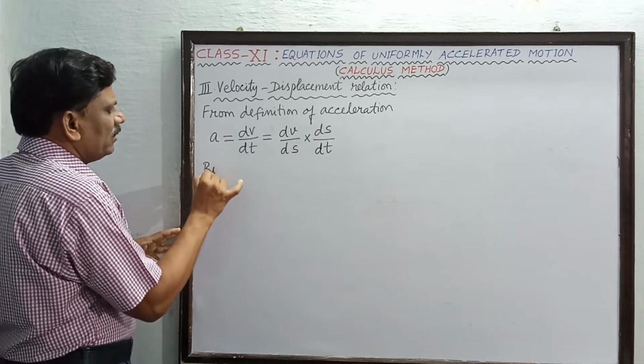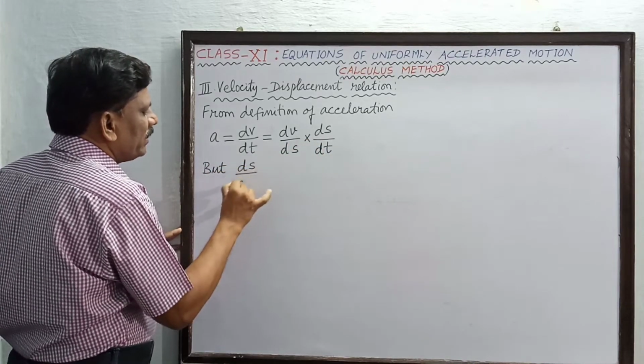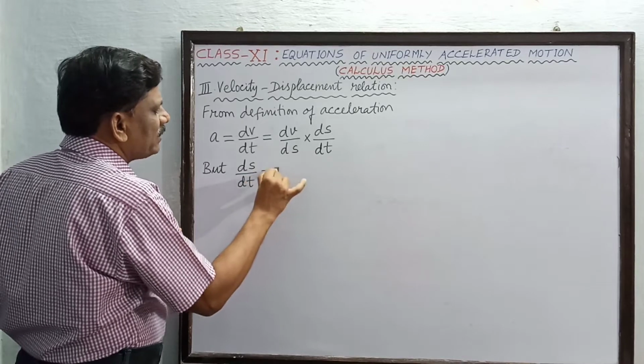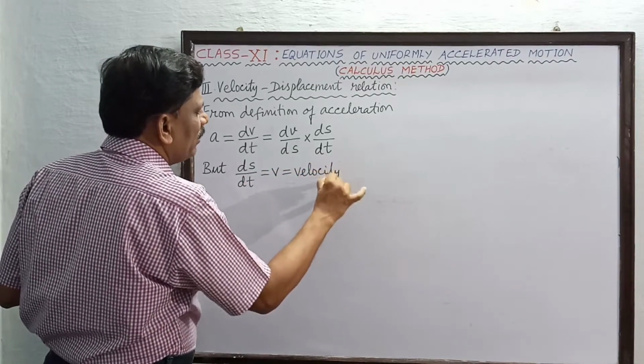But this ds by dt is equal to v, so that is equal to velocity.